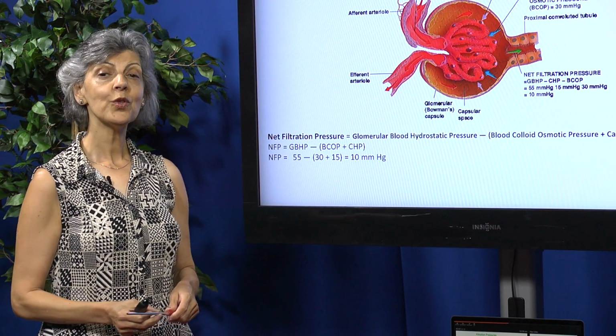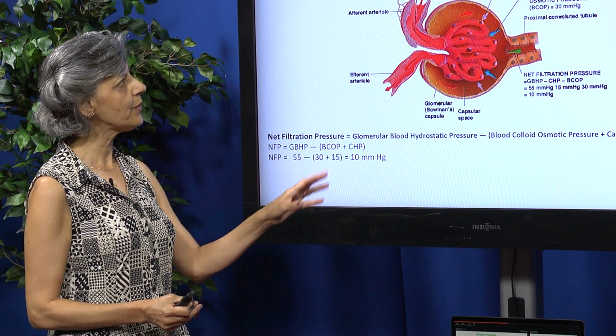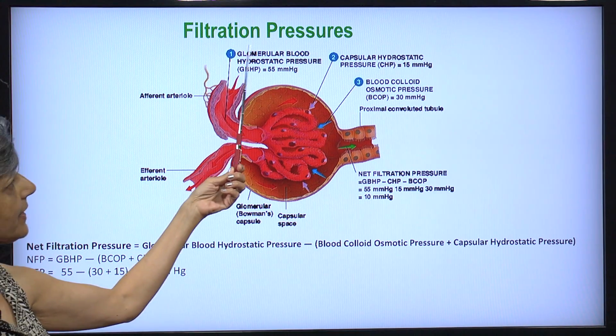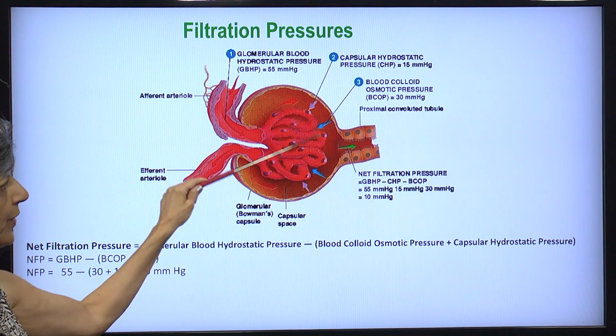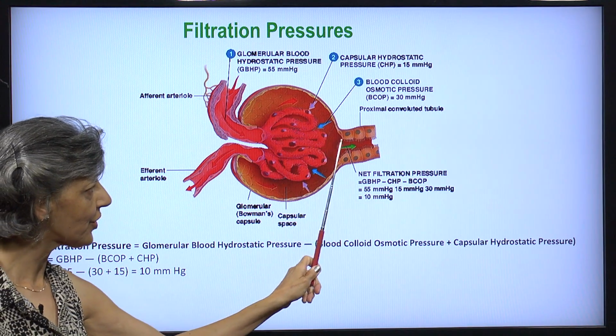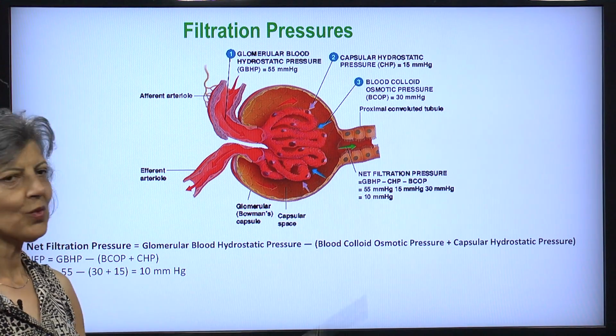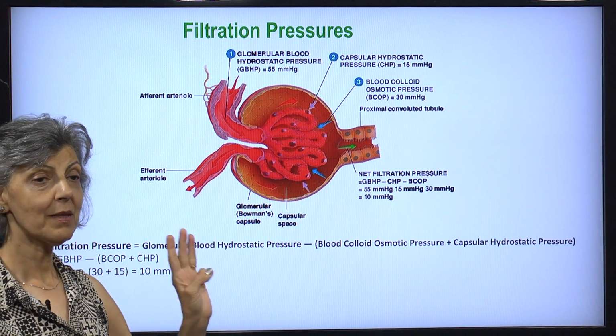So now we're going to talk about pressures, and collectively we call these the filtration pressures. So they are the pressures that will work together to allow substance to be filtered from the blood into the capsular space. We will discuss three main pressures.